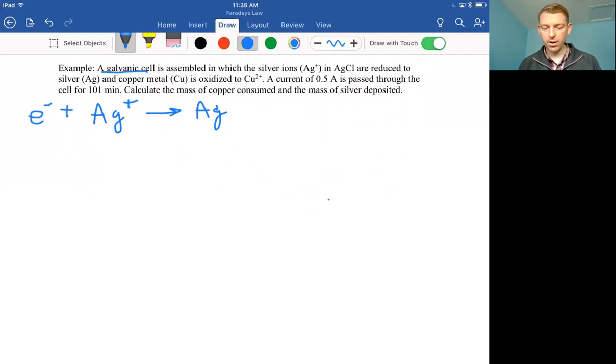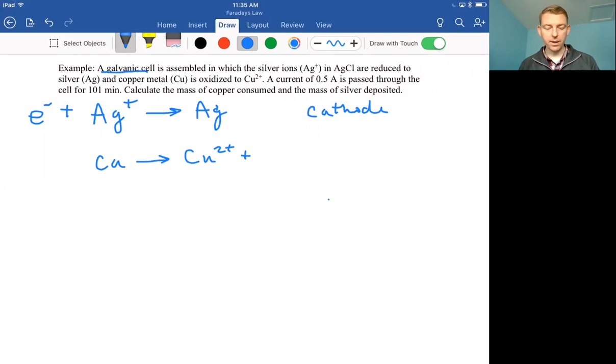And we're good for the cathode, since it's being reduced. On the anode side, it says copper metal is oxidized to copper 2+ ions. So let's write it out. Copper is being oxidized to copper 2+. And again, we know to balance the charge, we're going to need to add 2 electrons onto the products here. And that is our anode.